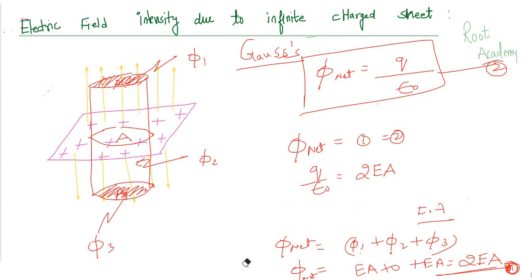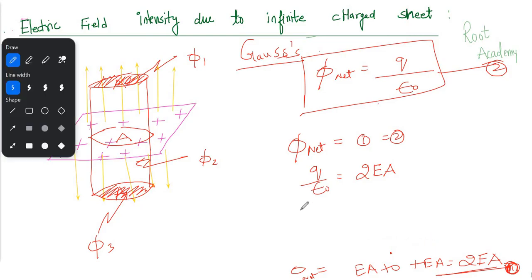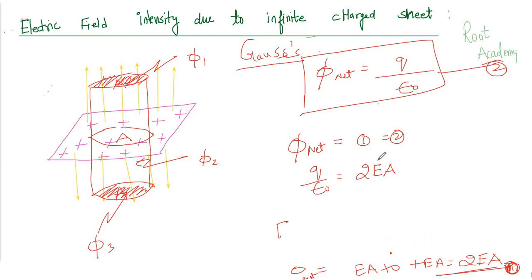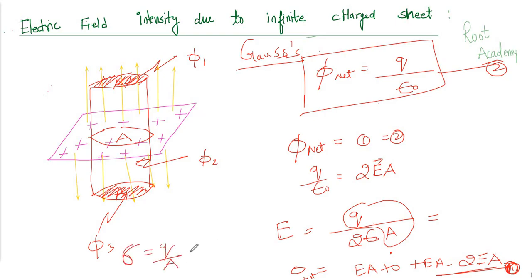Perfect. So from here, what conclusion can we draw? Can I say that E is nothing but Q by 2 epsilon naught A. Perfect. And what is Q by A? Anyone? It is nothing but charge per unit area, sigma, the charge density.